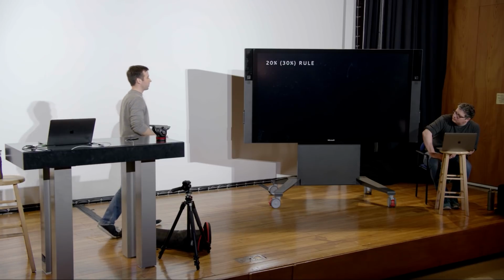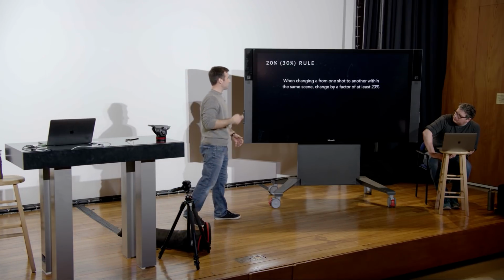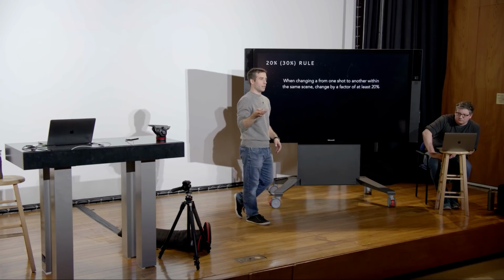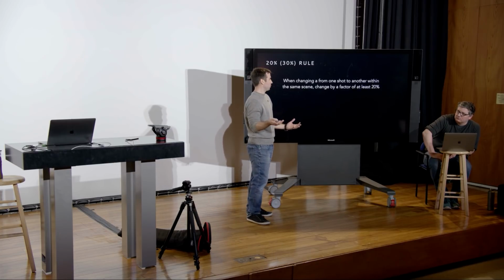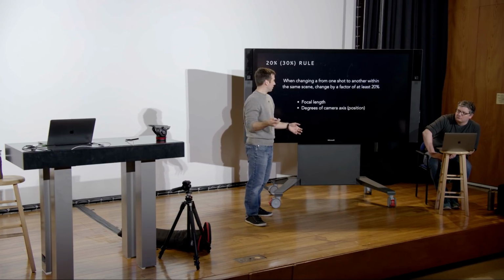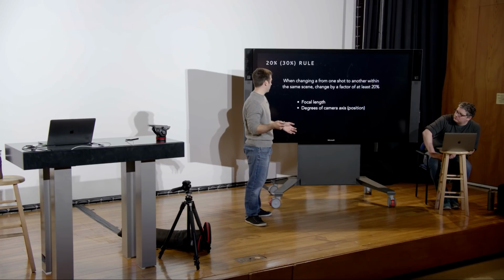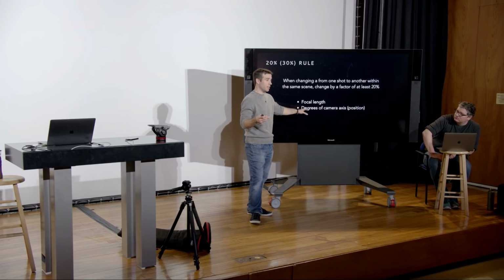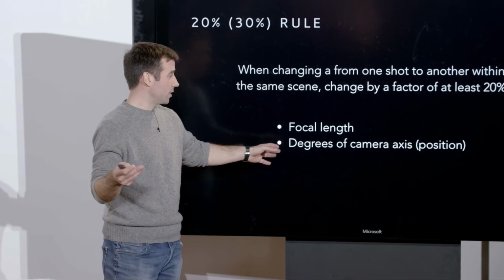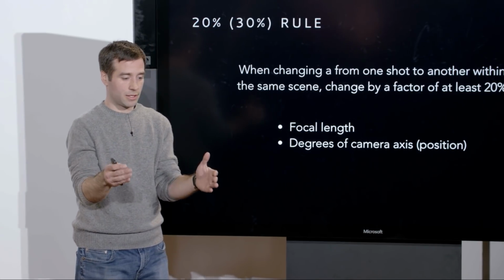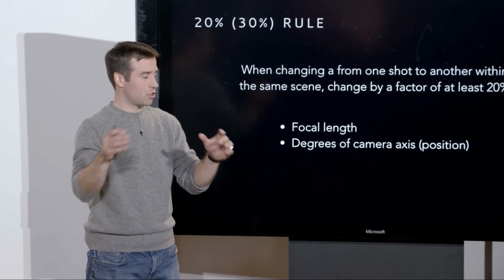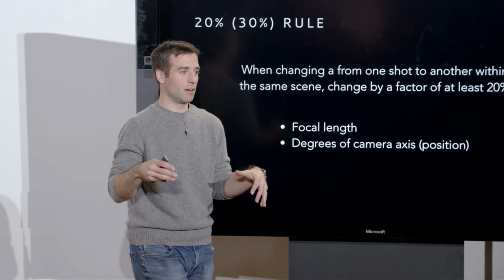The 20% or 30% rule basically says, when you're changing from one shot to another, change things by more than 20%. Let's see, I think I have an example of this. You want to change either your focal length or your zoom level or the axis of your camera, right? So don't cut from a shot to the same shot size from the same position of something slightly different.